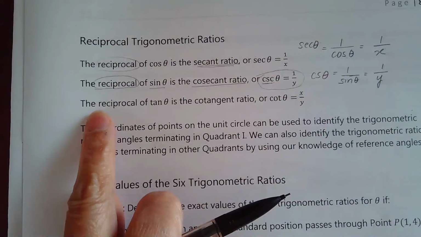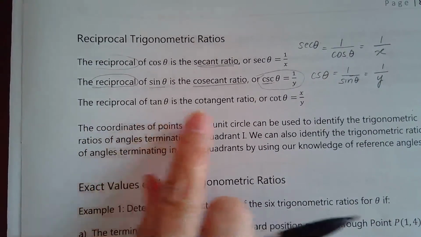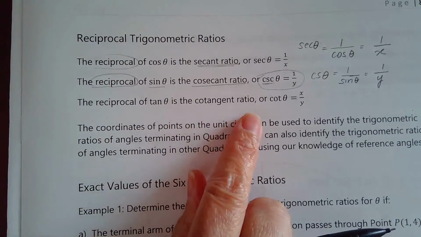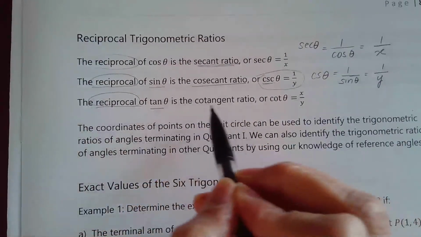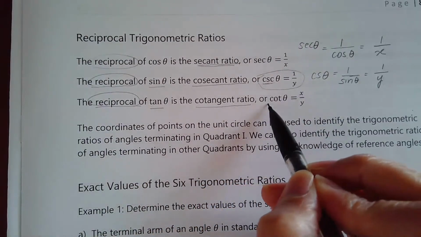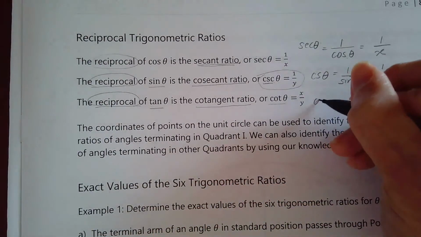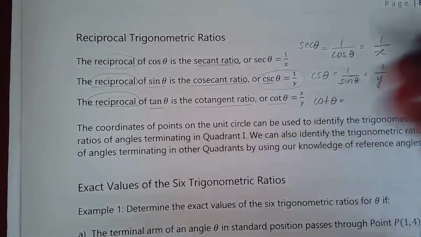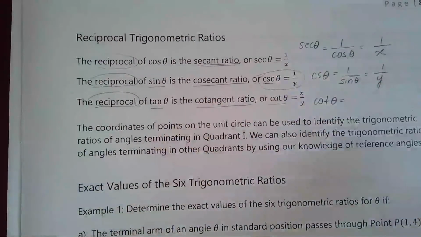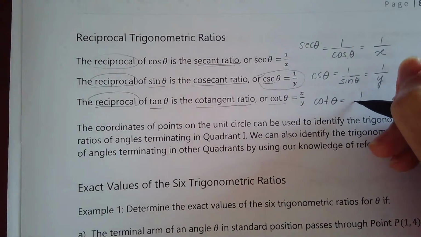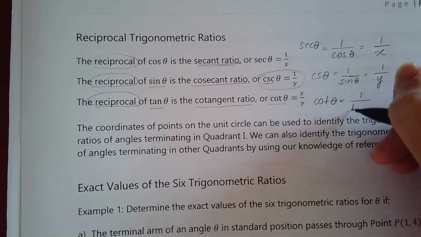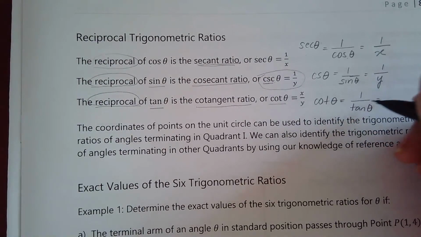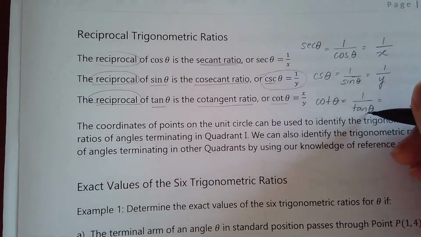And then the other one is the reciprocal of tangent, called cotangent theta. So cotangent theta is 1 over tan theta. Well, what's 1 divided by tan theta?